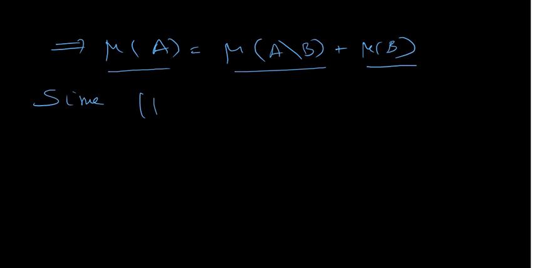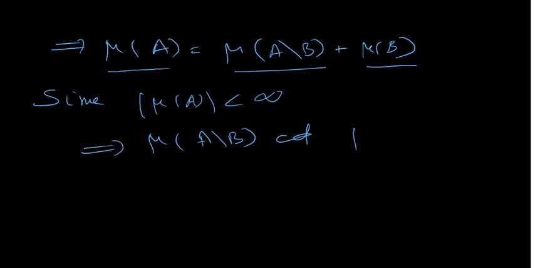Since mod of mu of A is finite, this implies that mu of A minus B and mu of B are real numbers. They are real numbers, meaning they are finite.